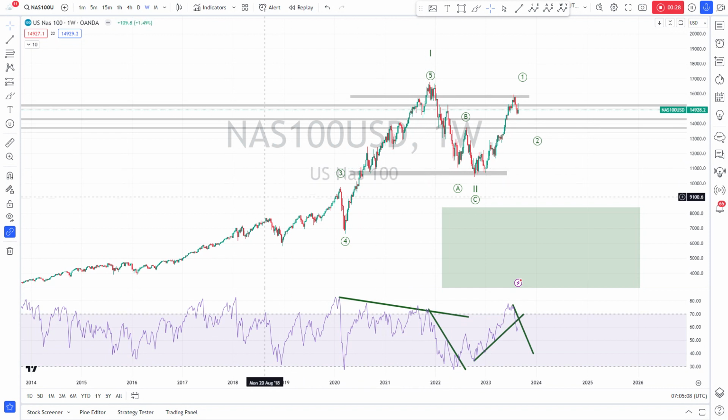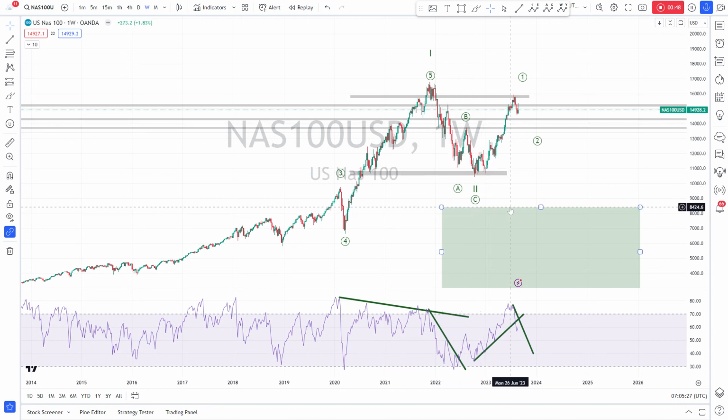And so my take on the Nasdaq is that we finished here a wave one to the upside in the higher degree, and from here we did a corrective move down. I would label this as an ABC.